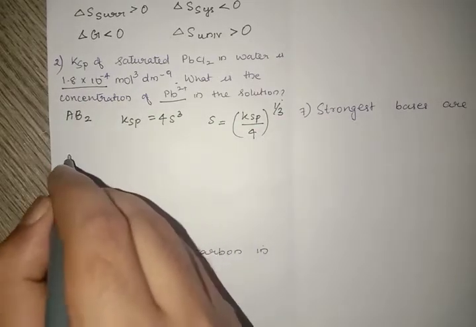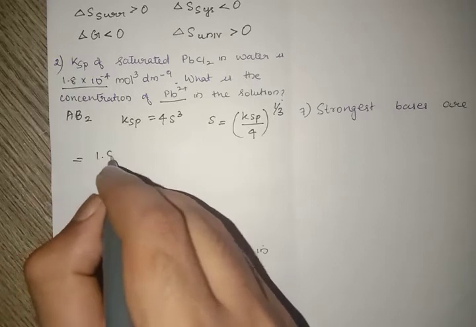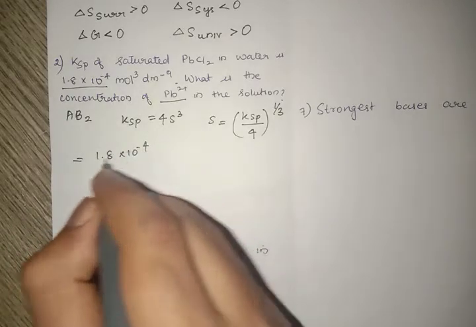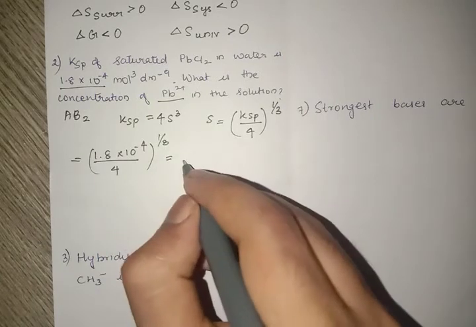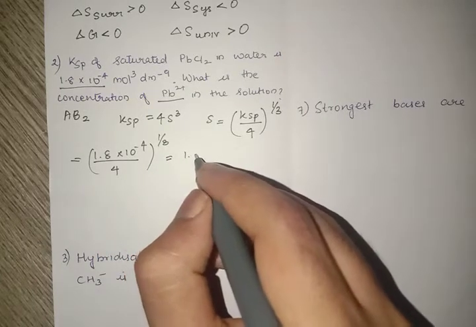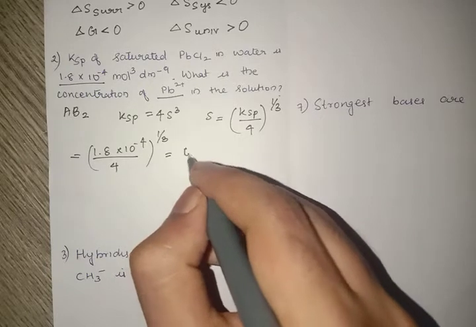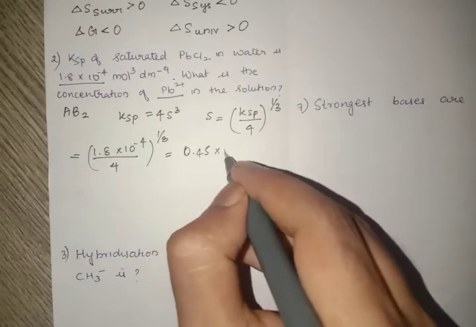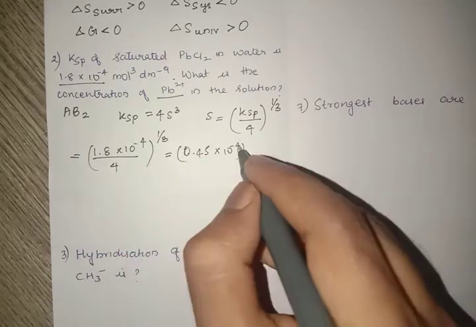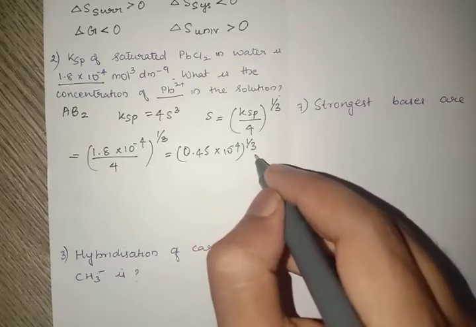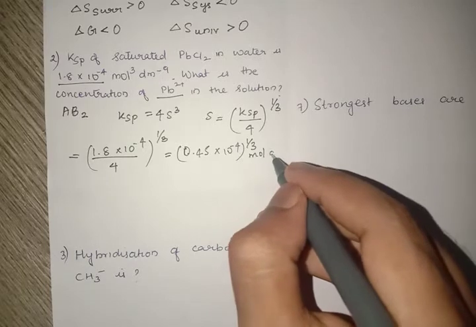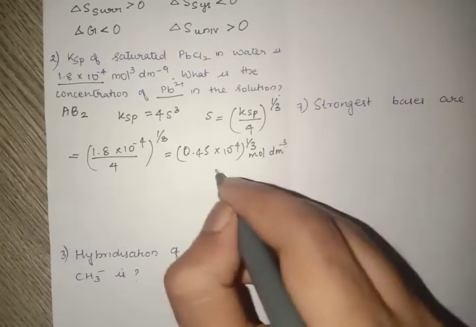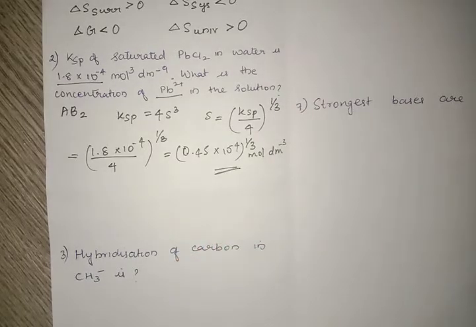So Ksp is 1.8 into 10 raised to minus 4 by 4, all raised to 1 by 3, which is equal to (0.45 into 10 raised to minus 4) raised to 1 by 3 mole per decimeter cube. So this is our answer.